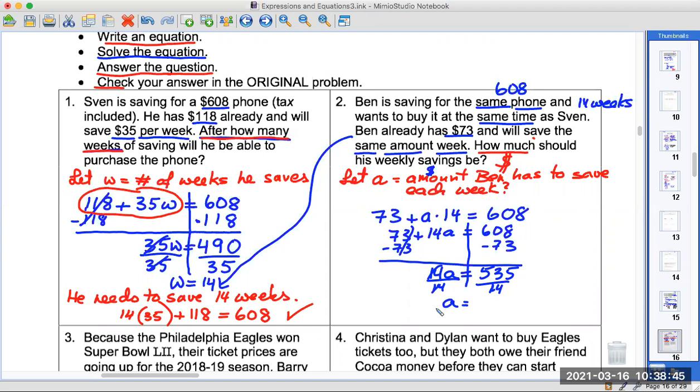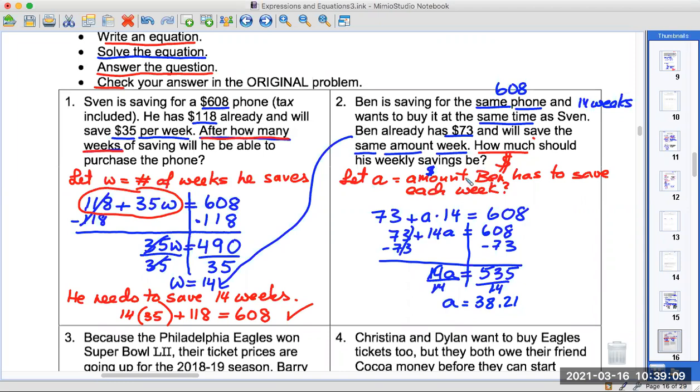Oops, it says 38.2. I'm going to round it. So remember, 38.21 because it's money. Remember A, because now we're thinking, oh, weeks. No, A is the amount Ben has to save each week.